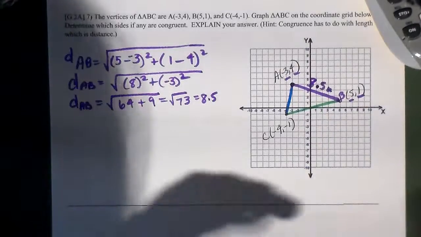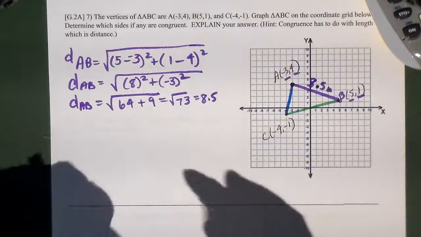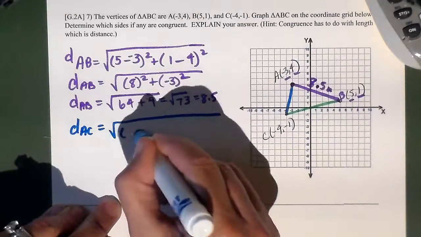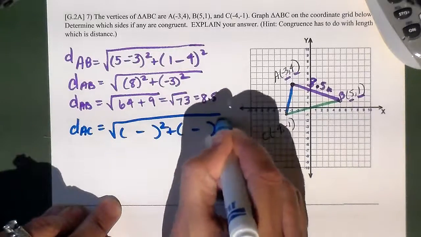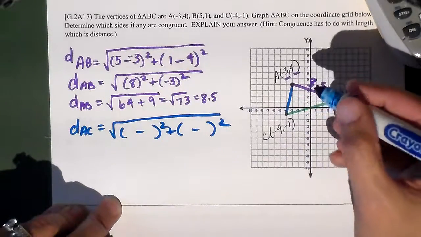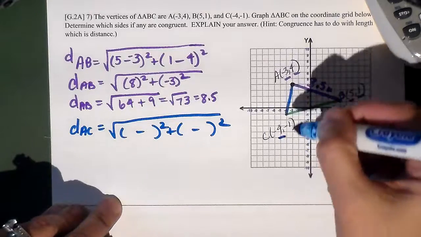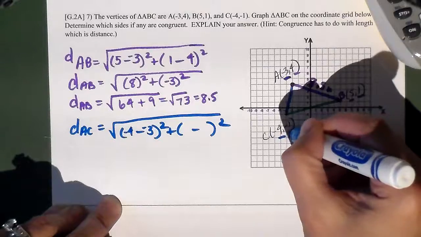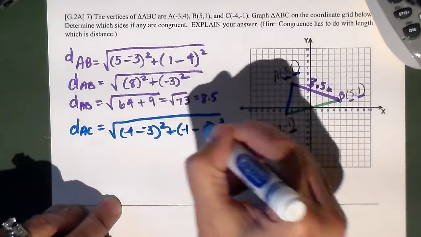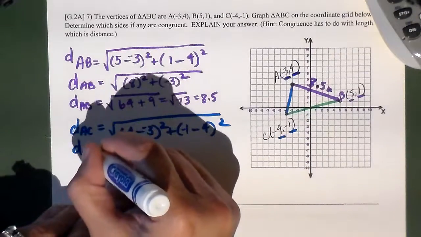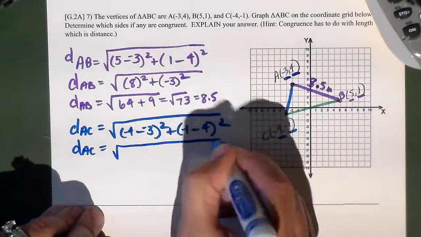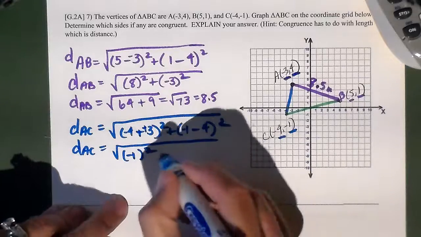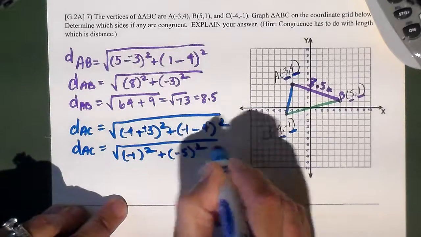All right, so let's do AC, the distance from A to C. From A to C, what are my 2 x coordinates? -4, -3. My 2 y values, -1, +4. So the distance from A to C, that's plus a positive, so that becomes -1 squared plus -5 squared.